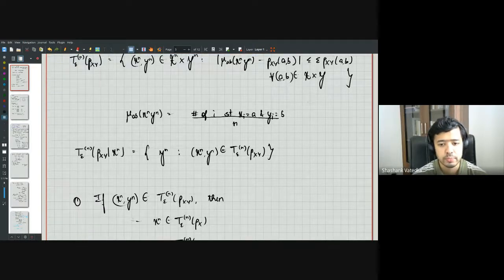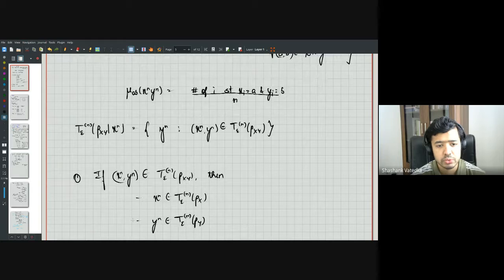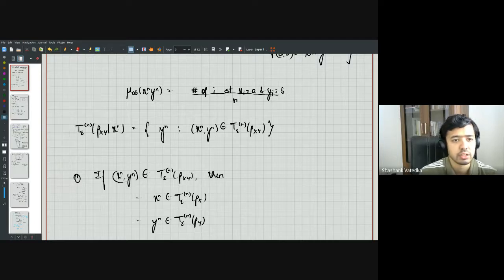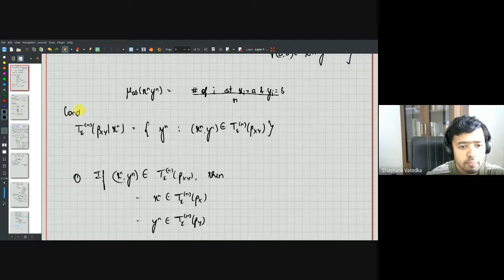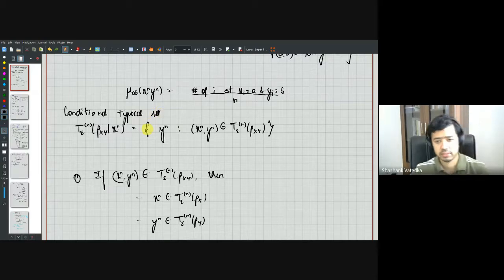Similarly, we can also define the conditionally typical set. Given a particular sequence x^n, we define this conditional typical set in a very similar fashion.